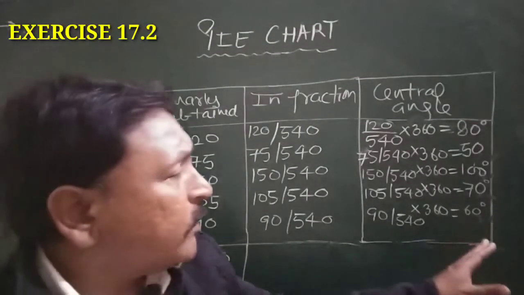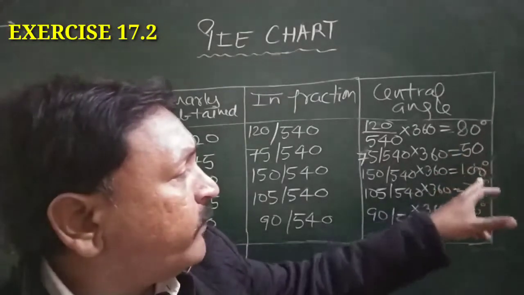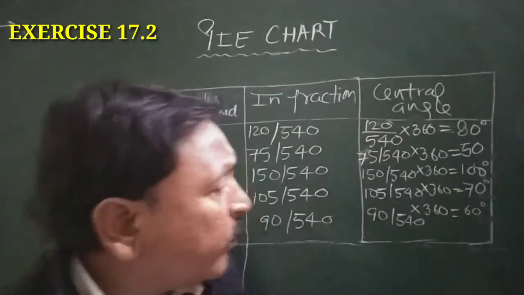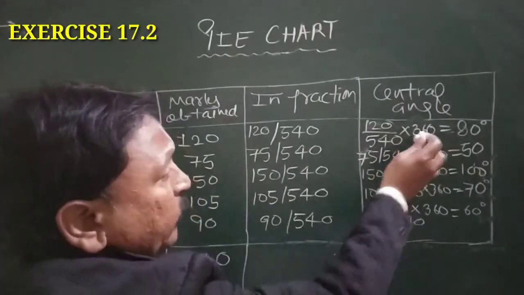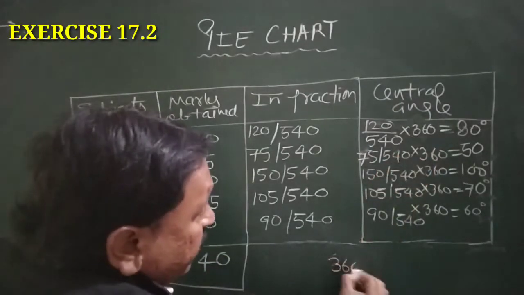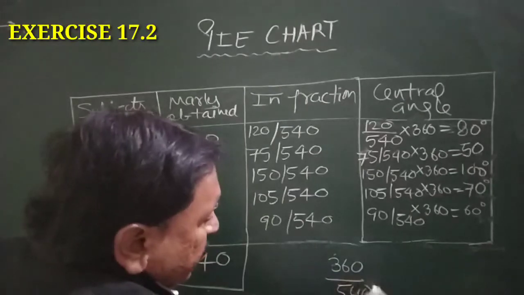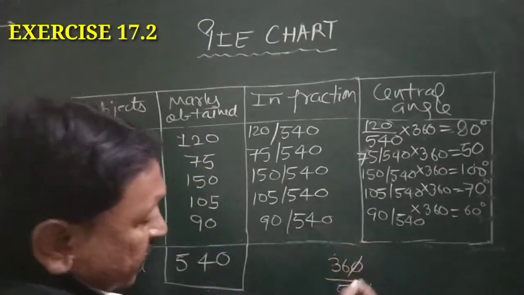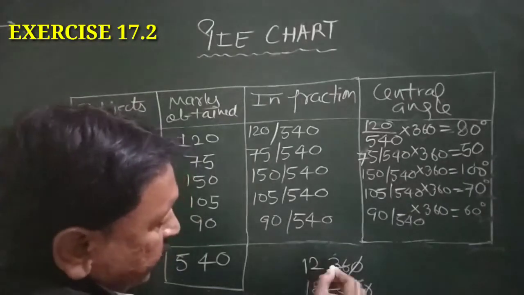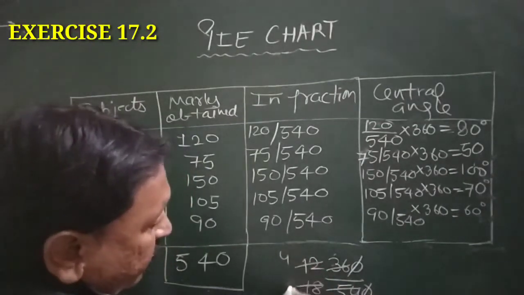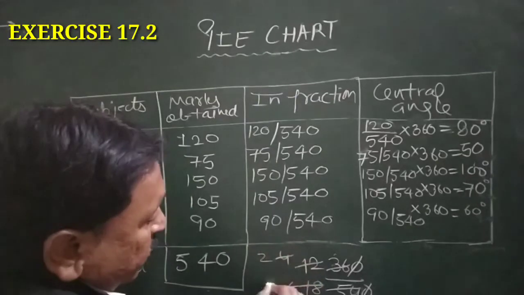Okay students, now see on the board I have written the degrees 80, 50, 100, 70, 60, and I will tell you one small method. First of all, try to solve this: 360 upon 540. Zero is cancelled by zero, 3 ones are 3, 3 twos are 6, 3 ones are 3, 8 is 24, 3 fours are 12, 3 sixes are 18, 2 twos are 4, 2 threes are 6.